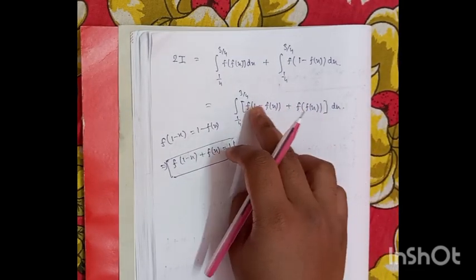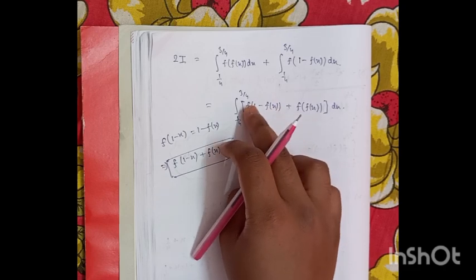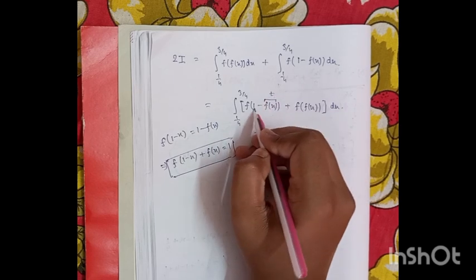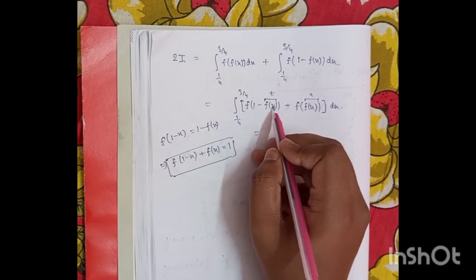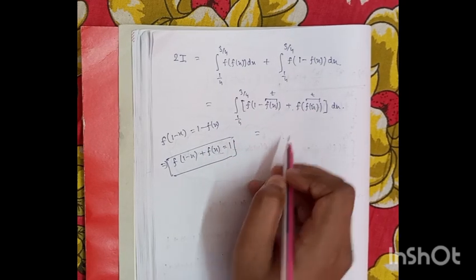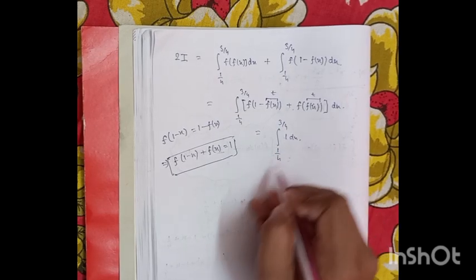So as here we can see, this f(x) inside this f is some variable, say t. So f of 1 minus t plus f of t is always equal to 1. So we can substitute this as 1 times dx.